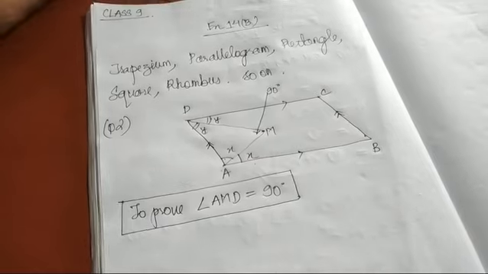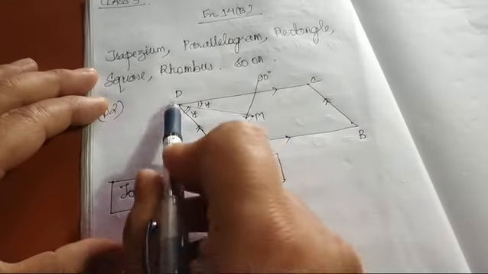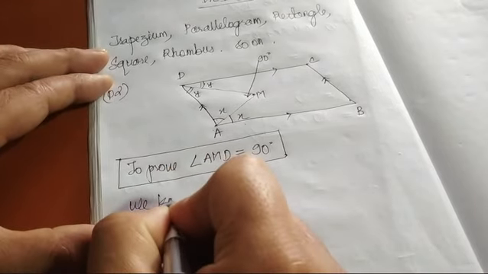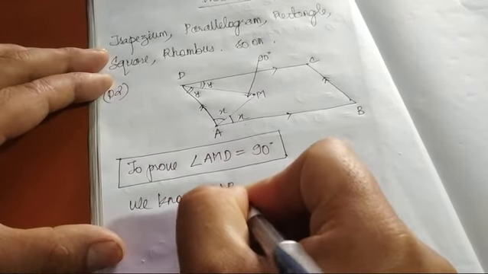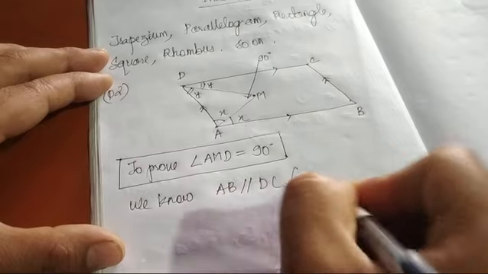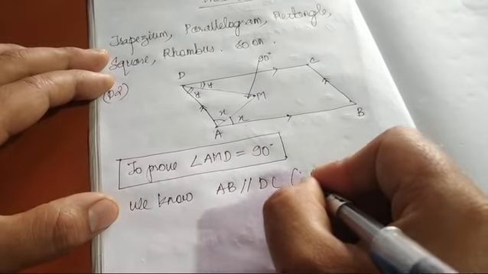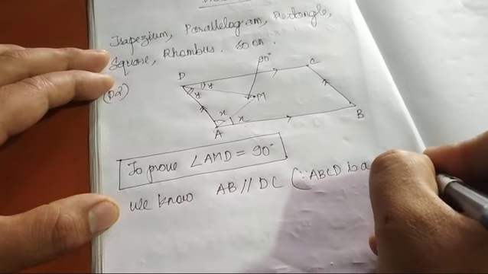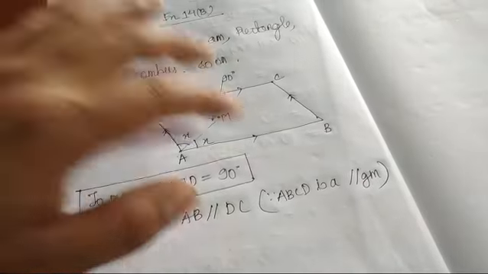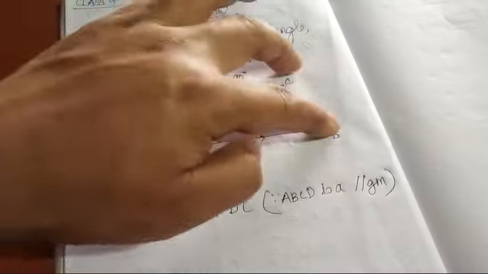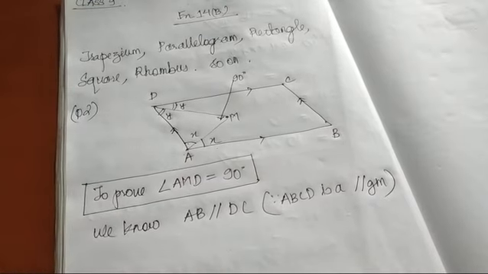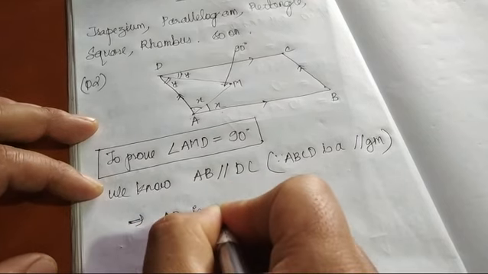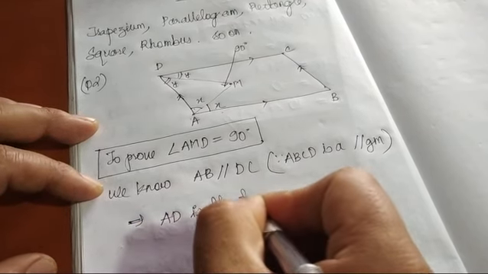Now what we know is that AB is parallel with DC. Let's write down. We know AB is parallel with DC. The reason we know this is that since ABCD is a parallelogram, the opposite sides are always parallel. So if these two are parallel, then AD is a transversal.